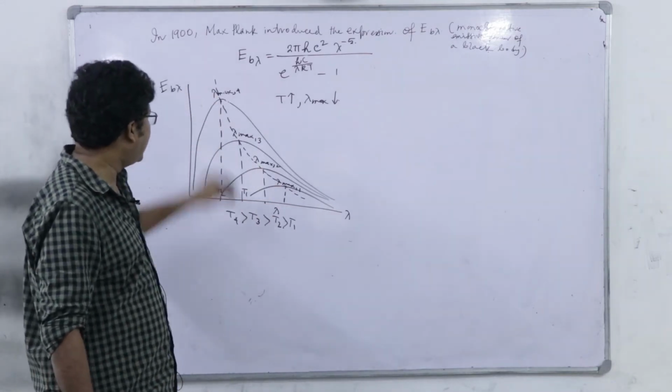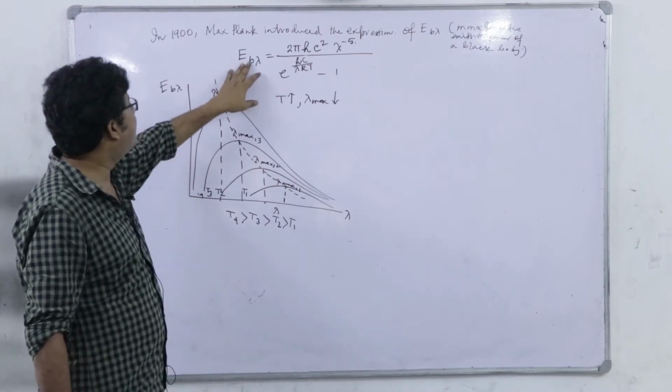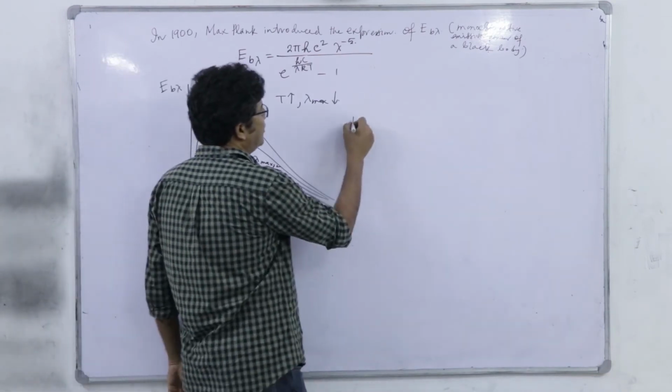So, here you see that we can locate this point of maxima of E B lambda if I simply take the derivative of this expression. What I am talking about is d E B lambda by d lambda.